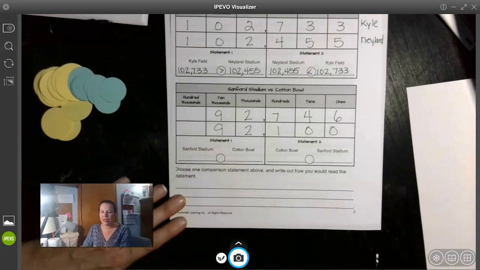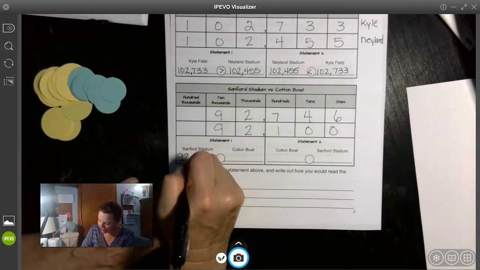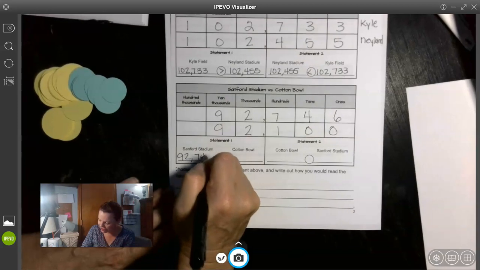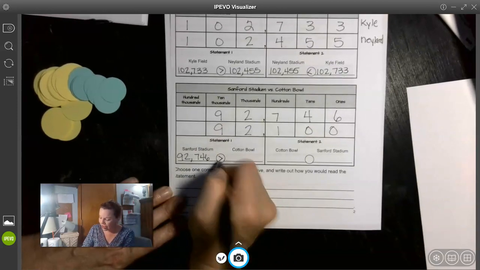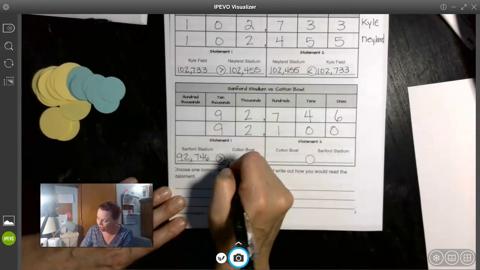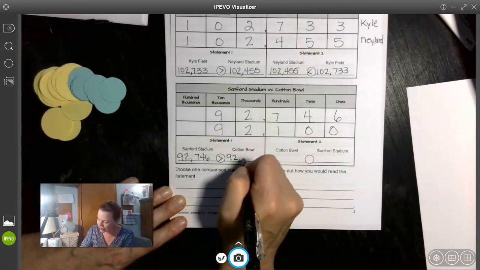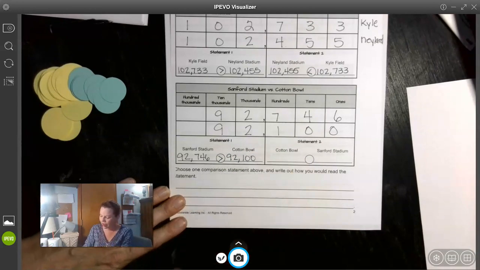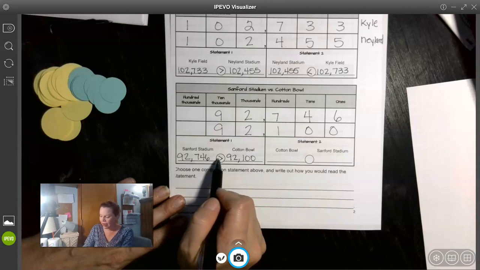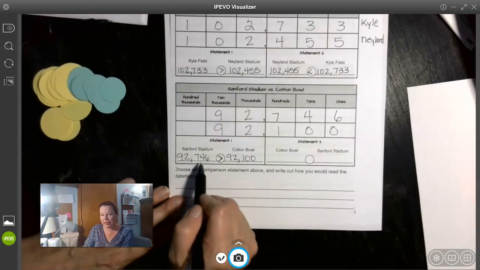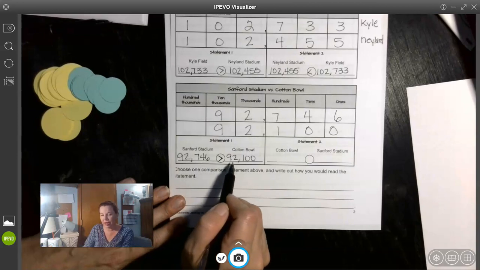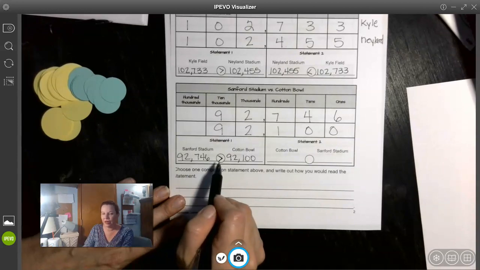So Sanford Stadium, with its 92,746, is greater than the Cotton Bowl at 92,100. All right. Anytime the sign is facing this way, that means that this number is greater than that number. So we say that it's greater than.